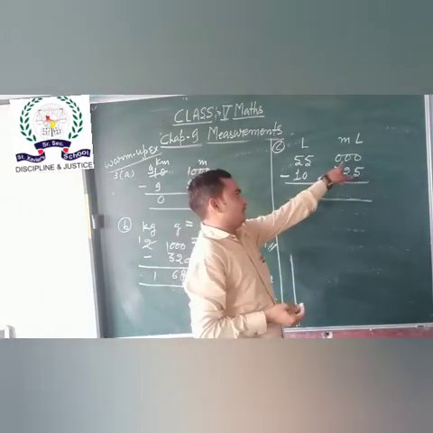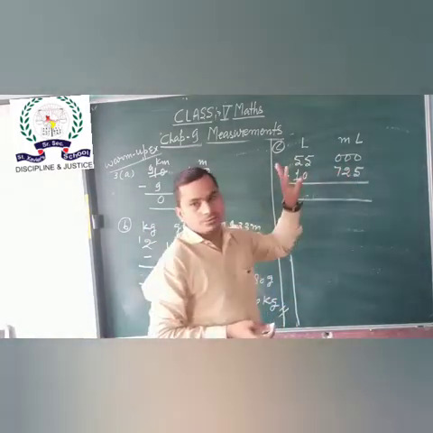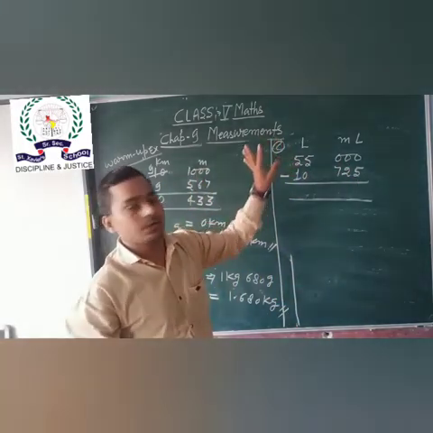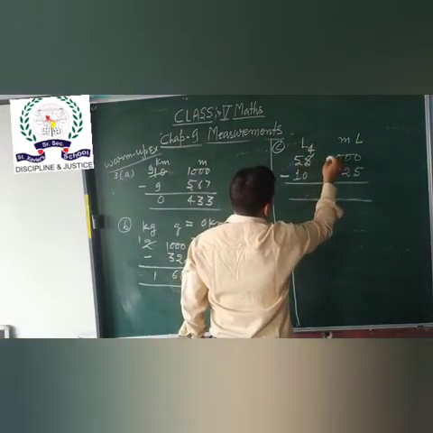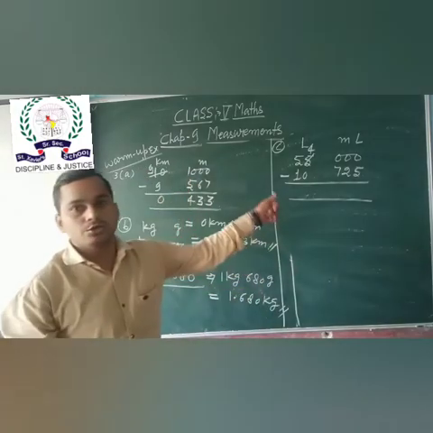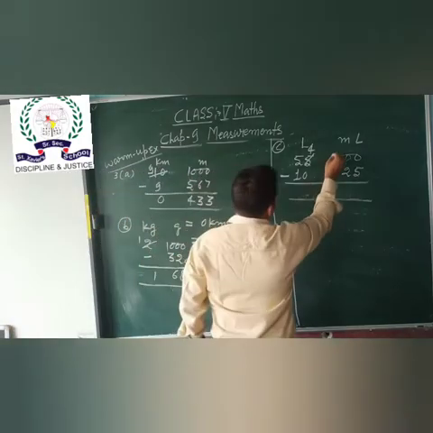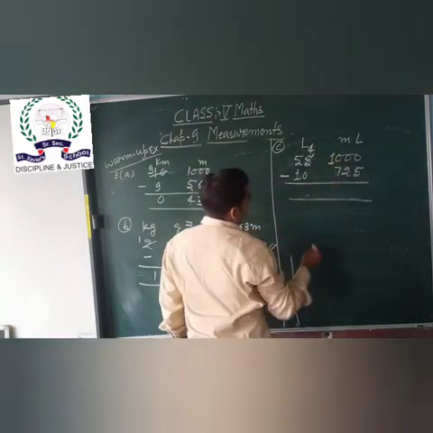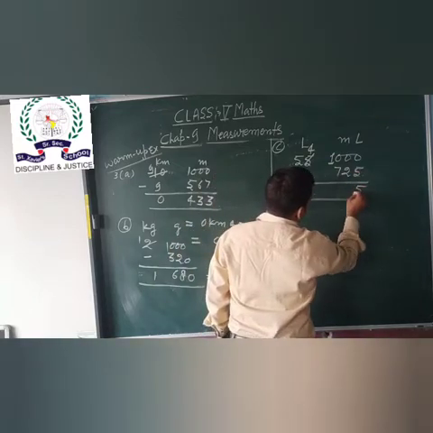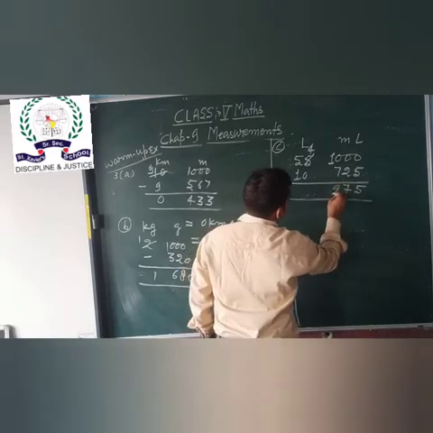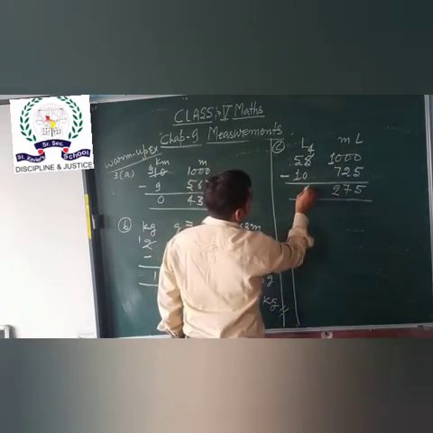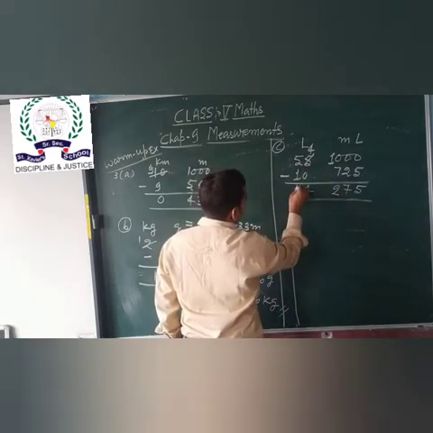So this value is less than this value. So we have to carry out 1 from liter. So here we have 4, and 1 liter equals 1000 milliliter. So 1000, then subtract: 10 minus 5, 5. 9 minus 2, 7. 9 minus 7, 2. 4 minus 0, 4, and 5 minus 1, 4.